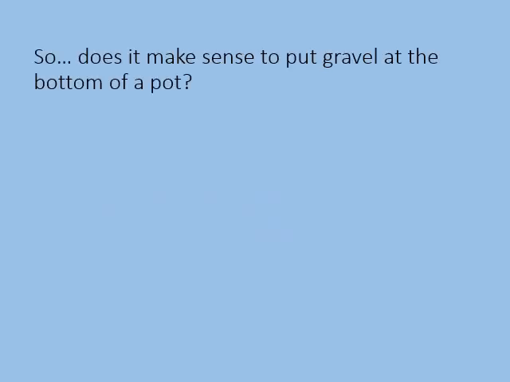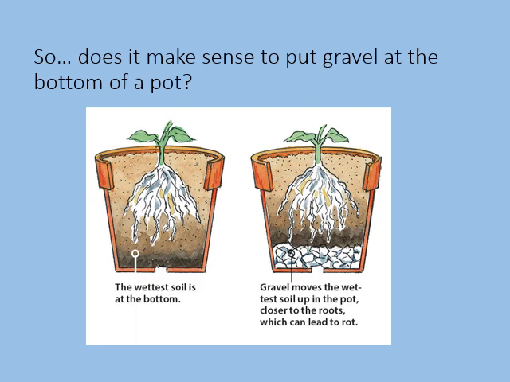All right, so here's my question. Does it make sense to put gravel at the bottom of a pot? We just discussed textural boundary layers, and I'm talking about putting gravel at the bottom of a pot. If we think about it like a golf green, you've got your irrigation coming in from the top, saturating your soil.